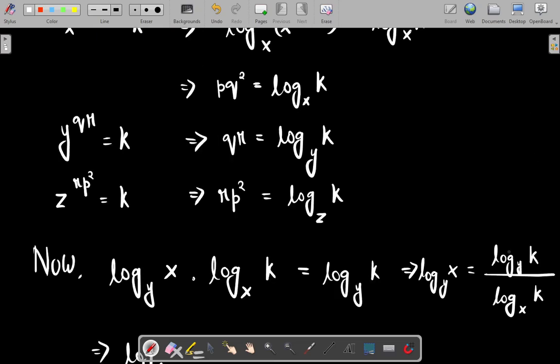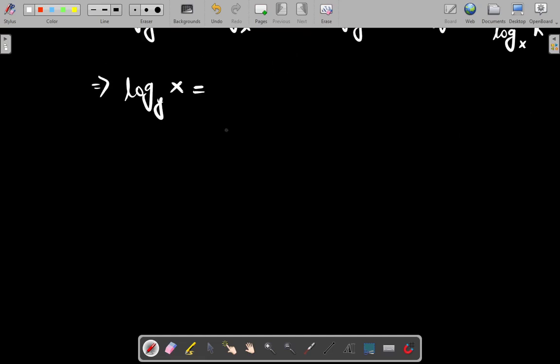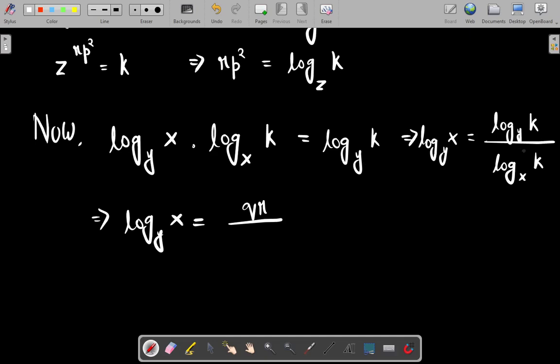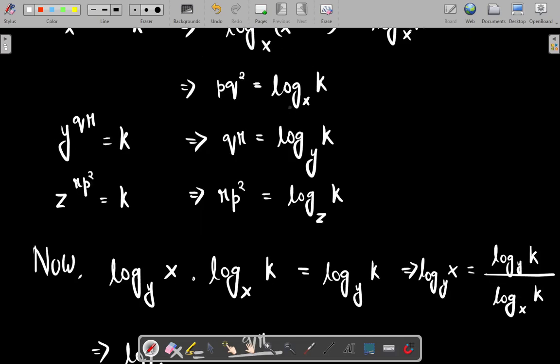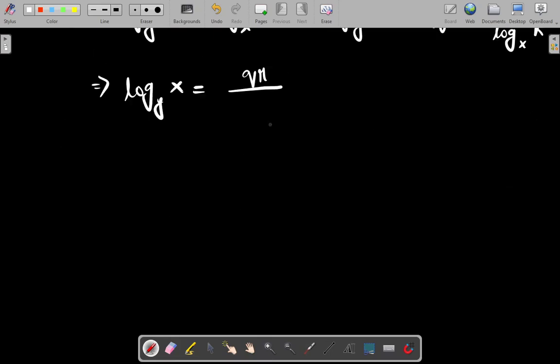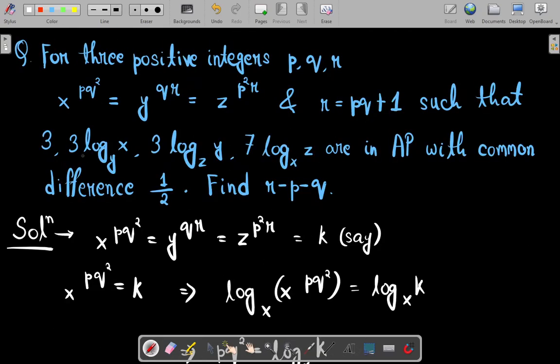This log k base y is qr, right? So we have qr in the numerator upon log k base x, which is pq square, right? So we have log x base y equal to qr upon pq square. Okay, so this q and q will get cancelled and we are left with r upon pq. Okay, this is log x base y.